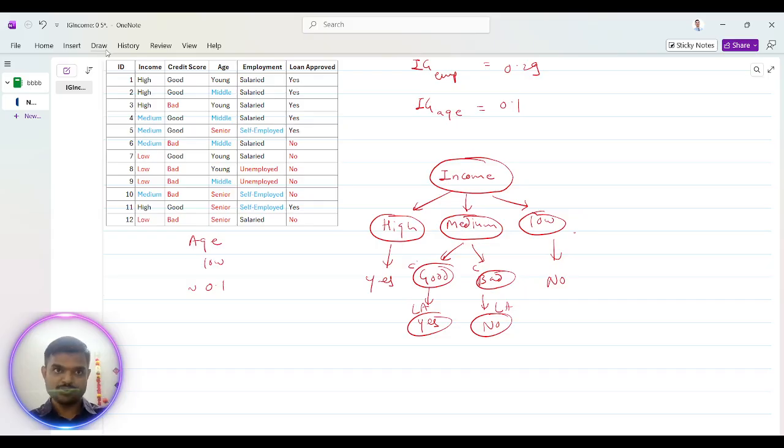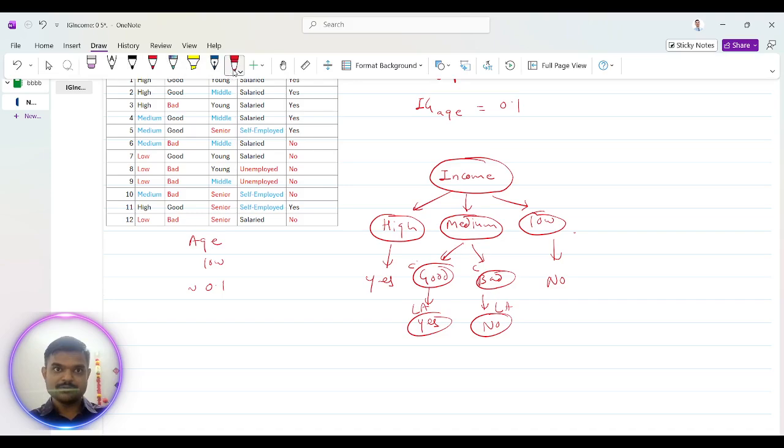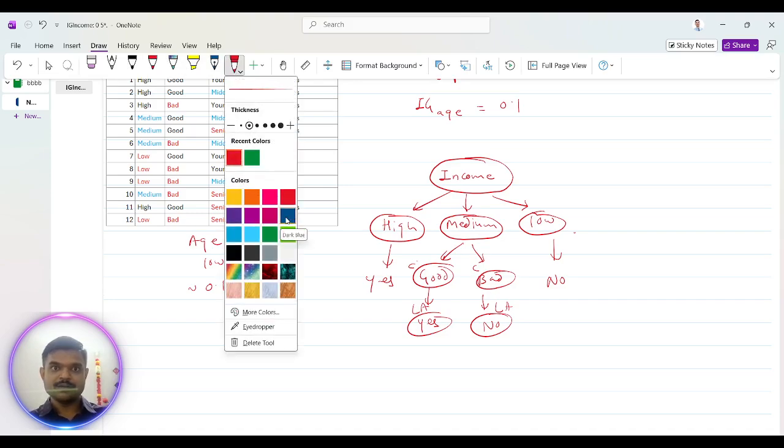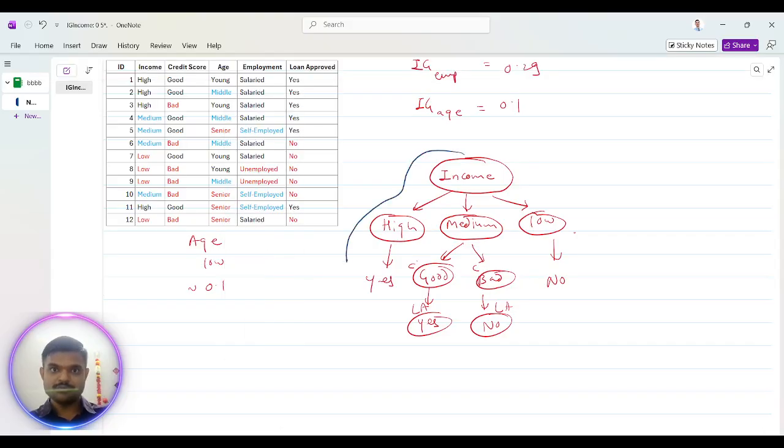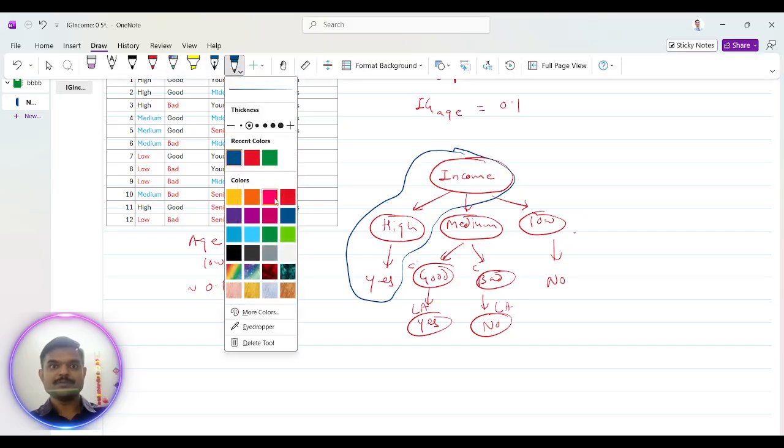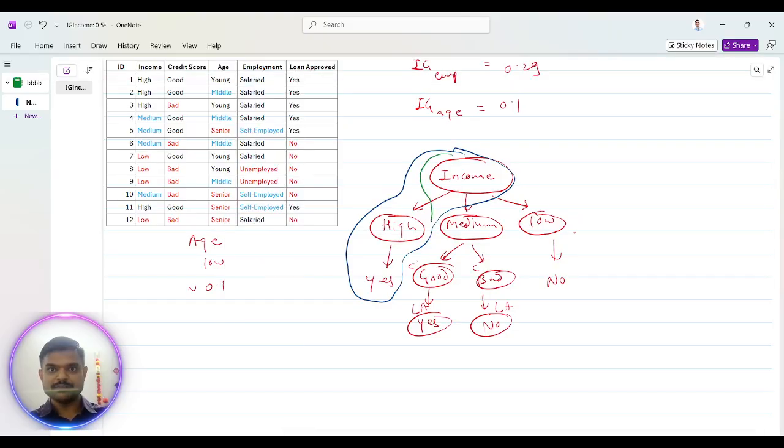I will just draw this tree. It is the blue line. I will just show you how this decision tree works. So this is how decision tree works. This is our first decision tree. This is our second decision tree.